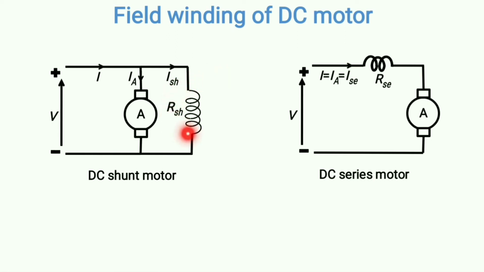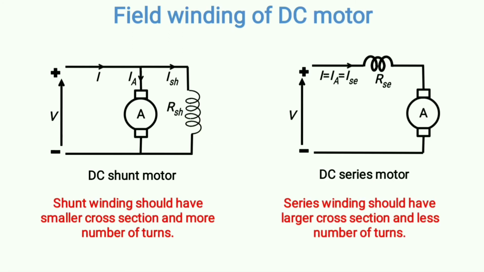See here, thickness is not that high, right? So this is the point. Shunt winding should have smaller cross section and more number of turns, but in case of series winding, in case of DC series motor, it should have larger cross section and less number of turns. So this is the basic idea of field winding of DC motor.